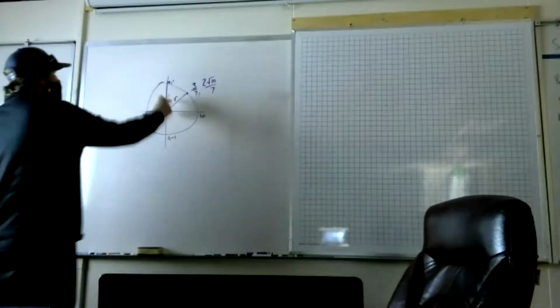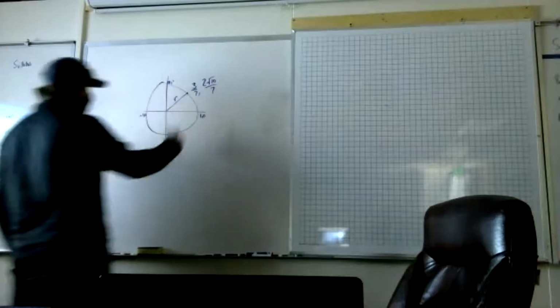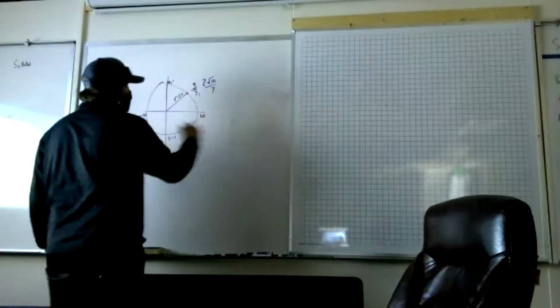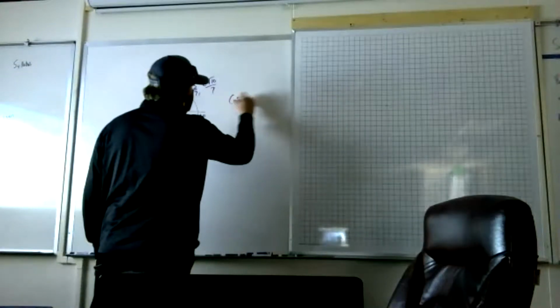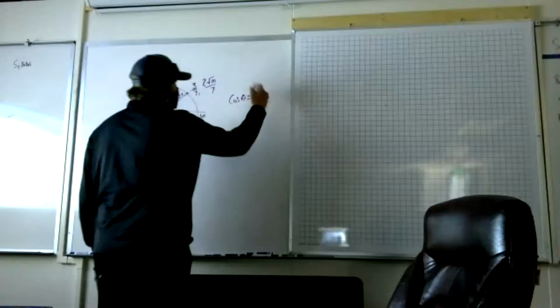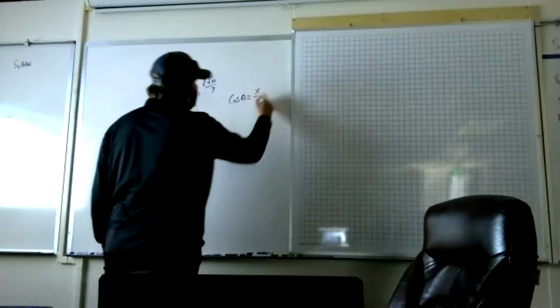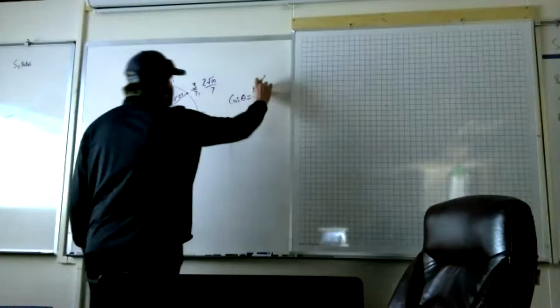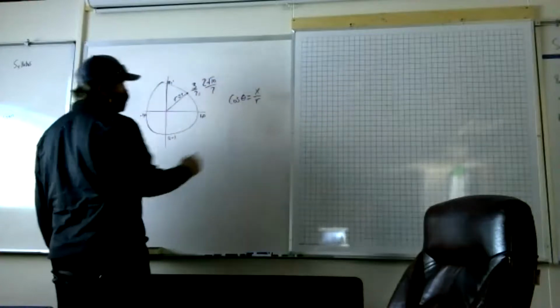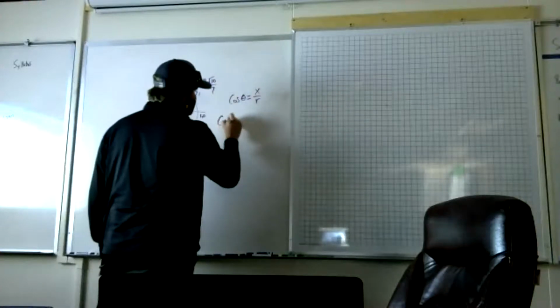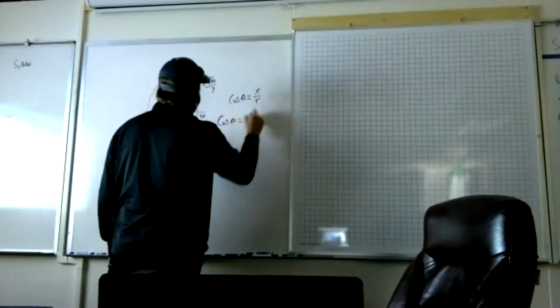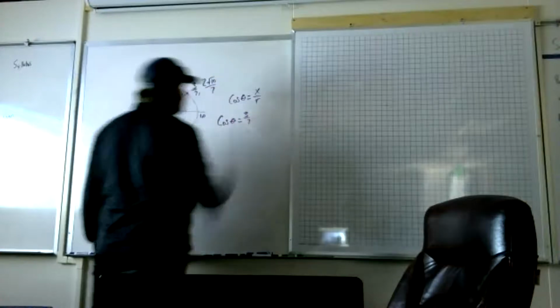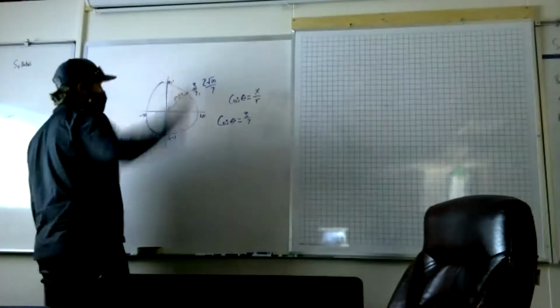Because the R value is 1, and we know that cosine of theta is equal to x over r, since the R value is 1, standardized, the x value really is the cosine value. So the cosine of theta in this case is 3/7, because it would be 3/7 over 1.